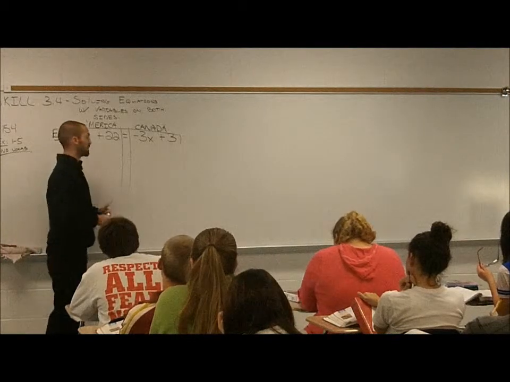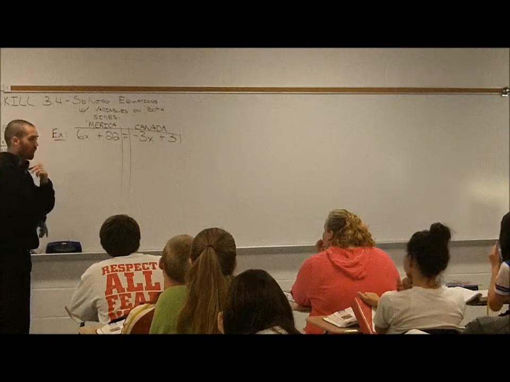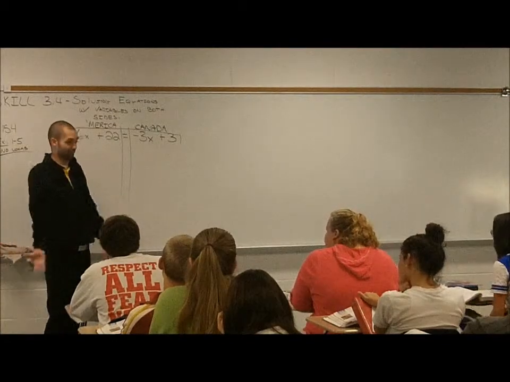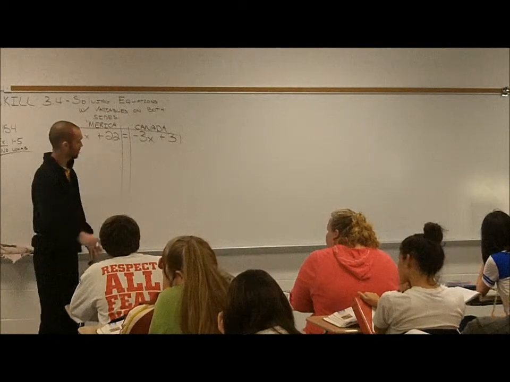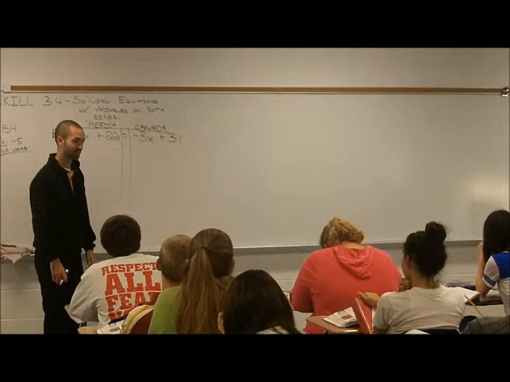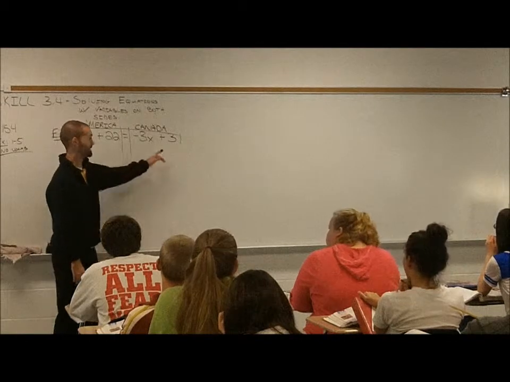Inverse operations. Well, the inverse of what? What am I doing with 3x? Am I multiplying, dividing, subtracting? Inverse of what? Olivia, who is this 3x connected to? Plus 31.